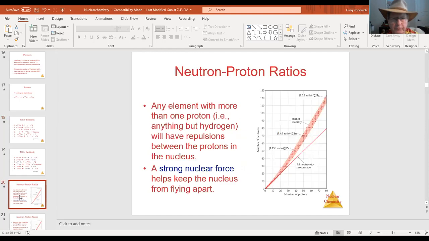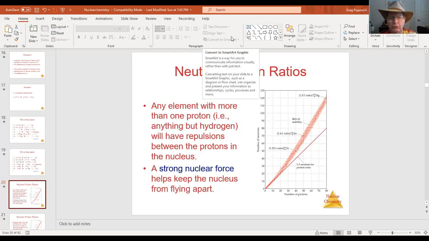All right. Now, anything that has an atomic number more than hydrogen is going to have repulsion because the protons are in the nucleus.